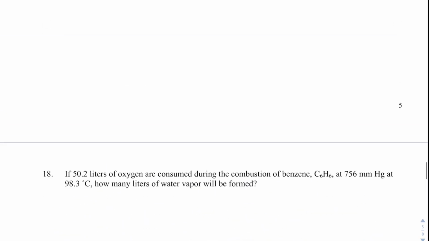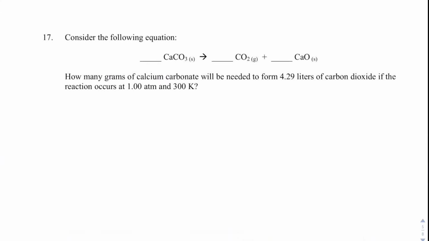Okay, so then I'm going to look at question 17 now, and this one's not at STP. So let's see how things are different if we're not at STP. First of all, this is already balanced. And it says how many grams of calcium carbonate. That is a major part of limestone. Think about limestone as bones from fish and different animals that have fallen to the bottom of the ocean.